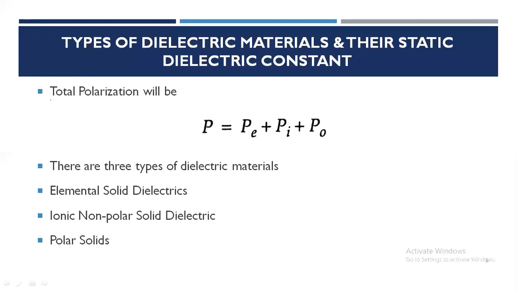We can write the total polarization as P equals PE plus PI plus PO. This is simply the sum of the dipole moments from the different main sources: PE electronic polarization, PI ionic polarization, and PO orientational polarization.